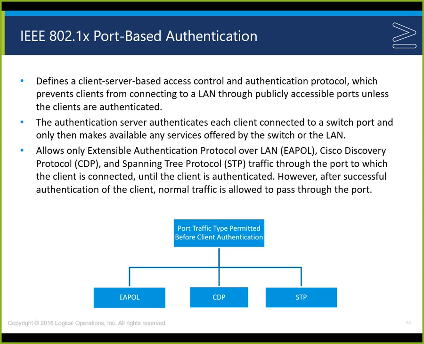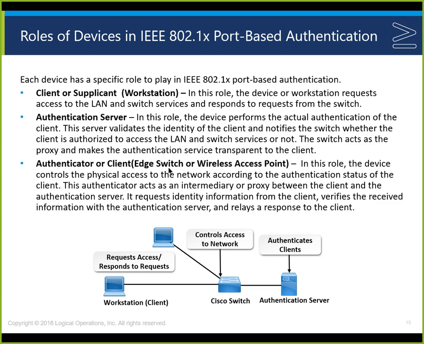So authentication, server authenticates the client and makes it available for any services offered on the switch. So what it does is brings the switch port up. It allows the EAP, the CDP, and the STP data to go through before we get authenticated. These are the roles, the things that we have. Client, they kind of mix some terms here.